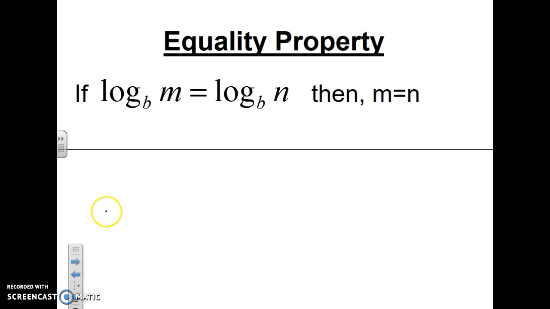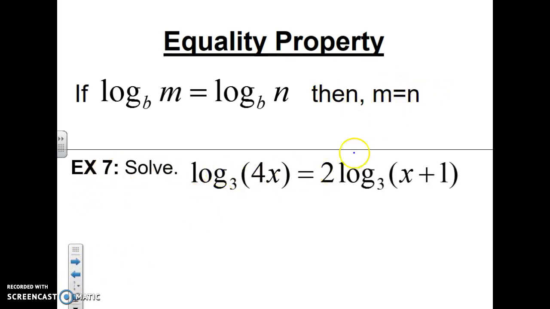The next property we've really already looked at a little bit. It's called the equality property, and if we have log base b of m equals log base b of n, then we can say that m must equal n. So, if we have an equation like this, we have log base 3 on both sides. So we can set these things equal to each other. Our only problem is that we have this 2 on the outside of the log base 3.